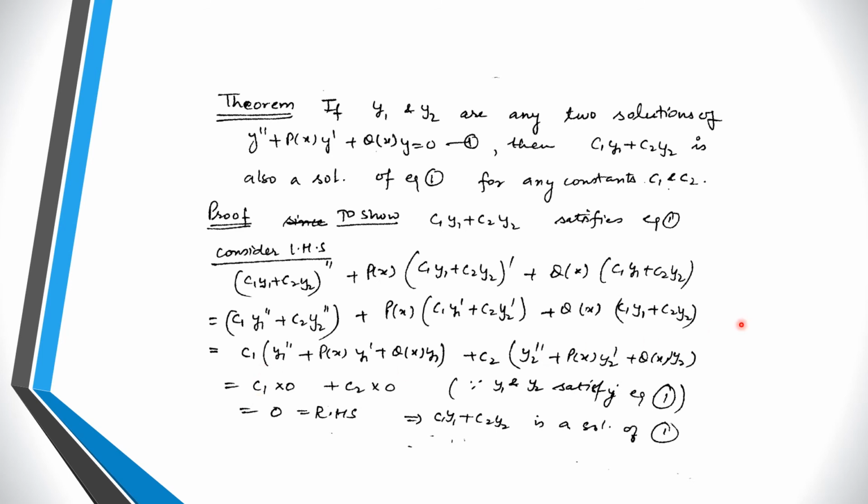You will have this. Since y1 and y2 satisfy equation 1, this y1 expression is 0, and similarly this y2 expression is 0. So this is equal to your right hand side. That means c1 y1 plus c2 y2 satisfies equation 1, so this is a solution of equation 1.